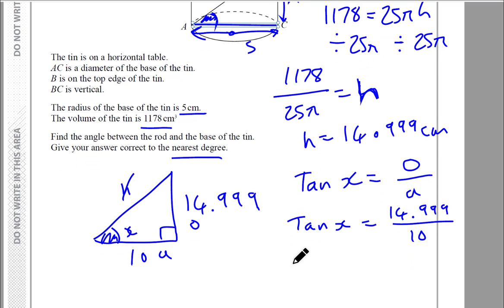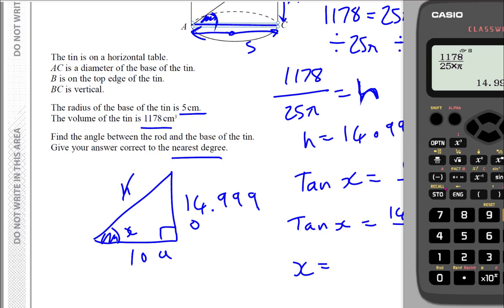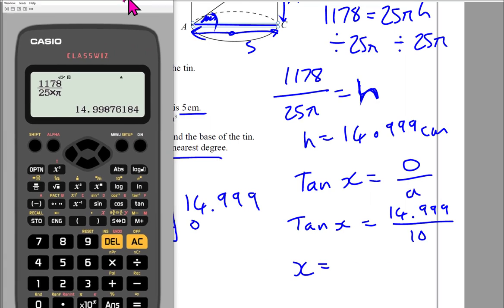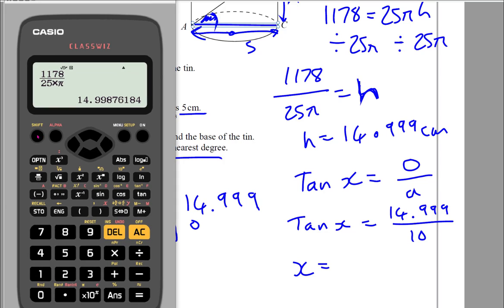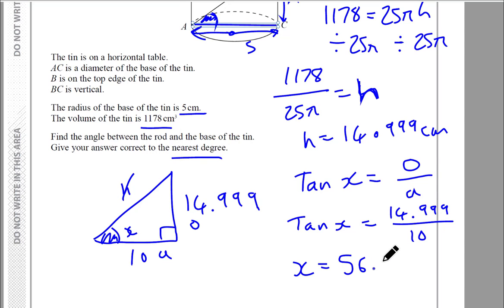So x equals shift tan, and it does say to the nearest degree, so x equals 56 degrees.